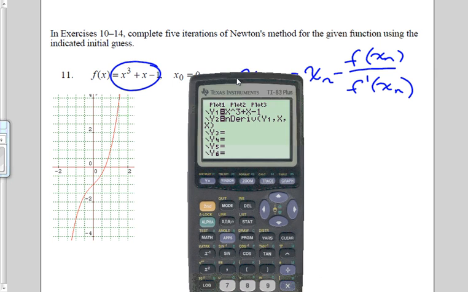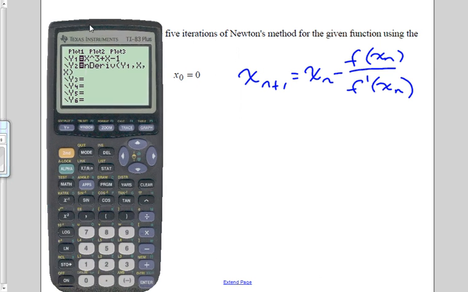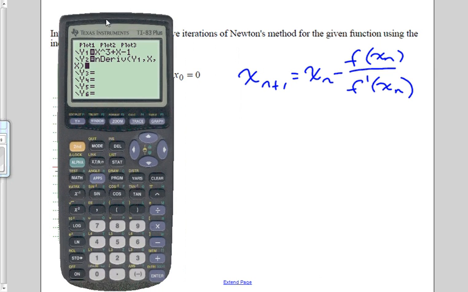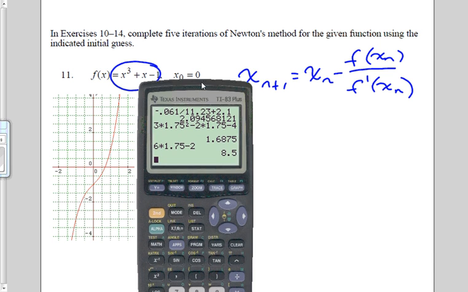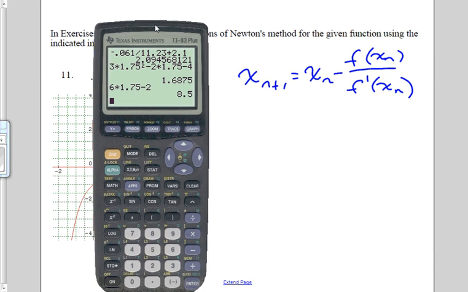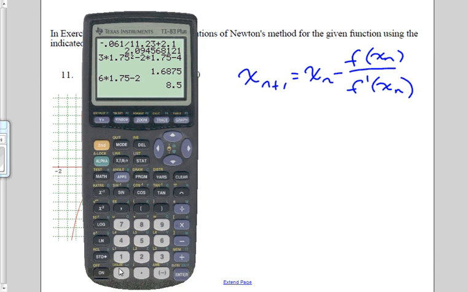So I've got my function here, and I'm going to go to my home page. I think my 0, well, we're saying x sub 0 is 0. So we're going to take 0 and store that as x. Then we're going to start this iterative process.